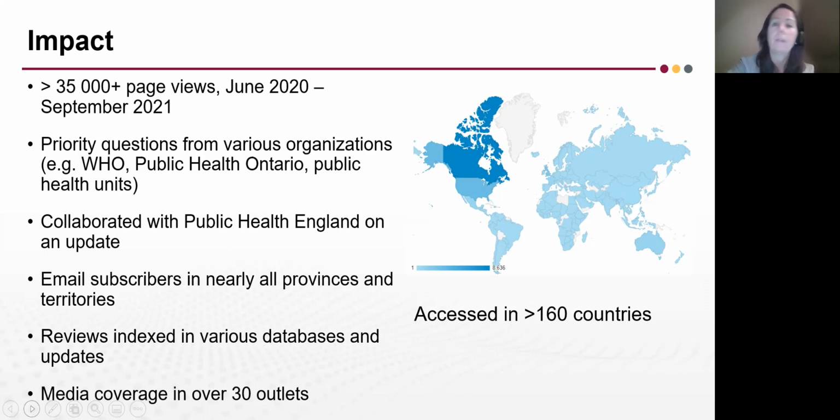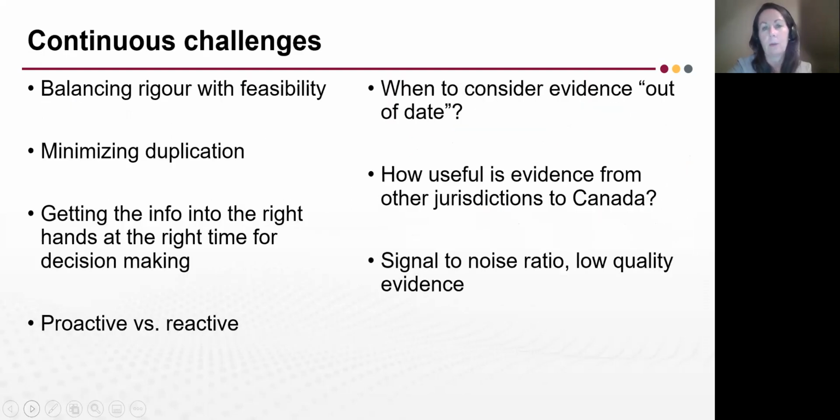And we know that these rapid reviews have been indexed in a number of the COVID databases, and certainly it has garnered a fair amount of media attention to hear more about the results. And as you can see here on the right-hand side, it's been accessed by folks in more than 160 countries.